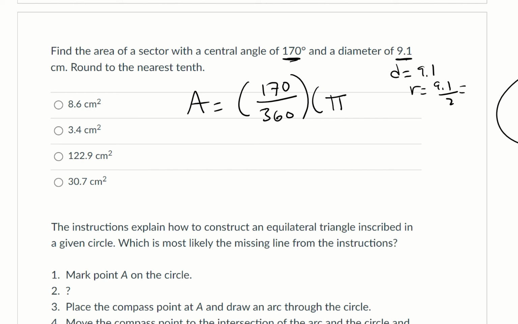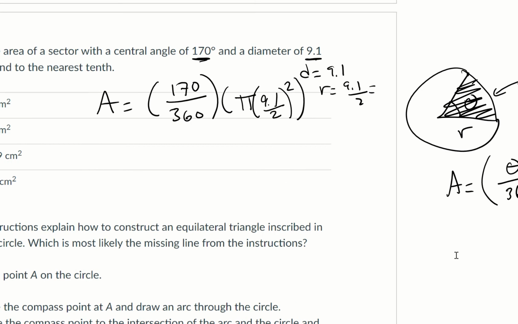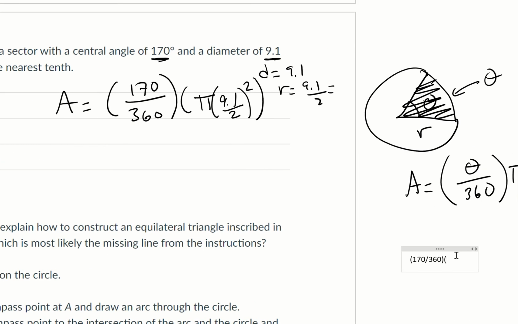So I could do 9.1 divided by 2, so this is 9.1 divided by 2 squared. That's the radius squared right there. Then we can plug this in and get a decimal out of it. Let's see here. We have 170 over 360 times pi times 9.1 divided by 2 squared.